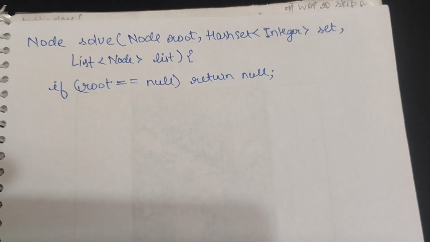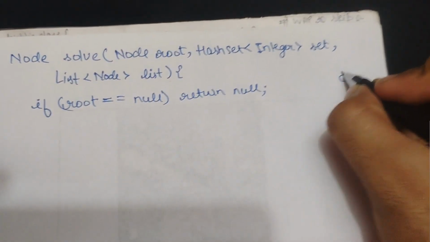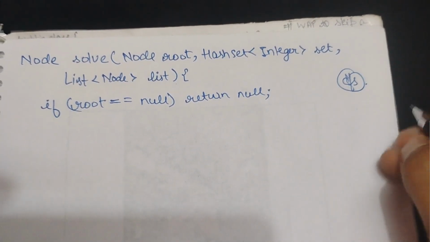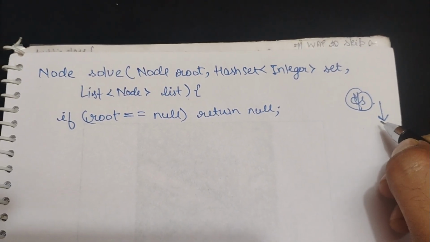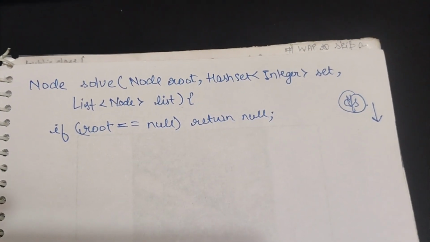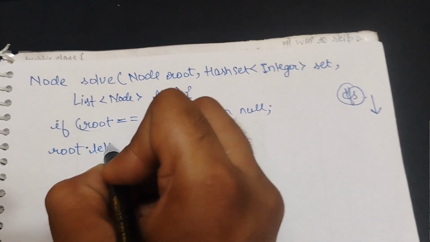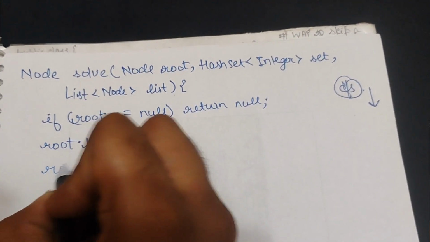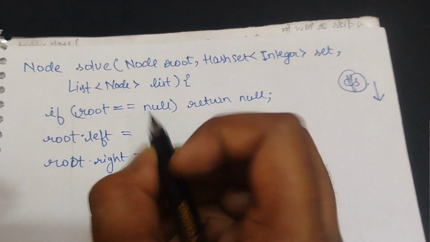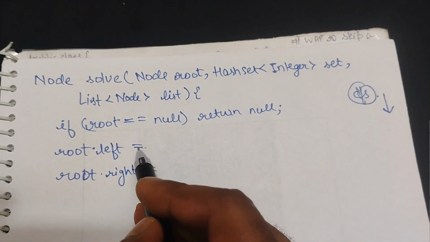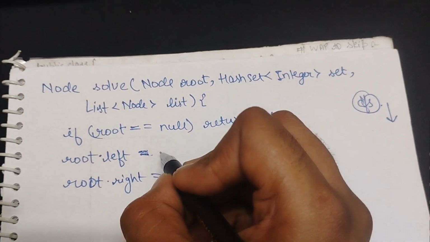Okay, now next, as I told previously, we'll use DFS. So as we are using DFS, we'll go towards the bottommost. So going toward the bottommost, we'll write root dot left, root dot right. Why am I assigning this? We'll understand this later.